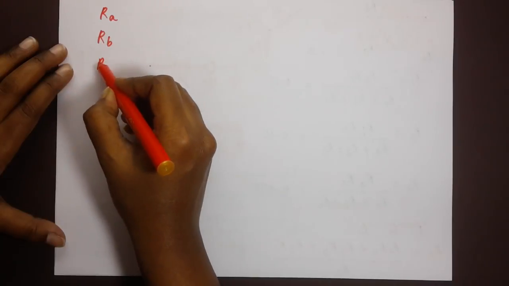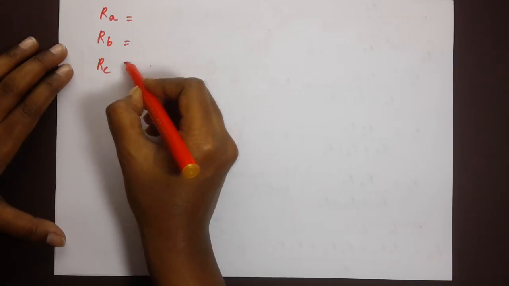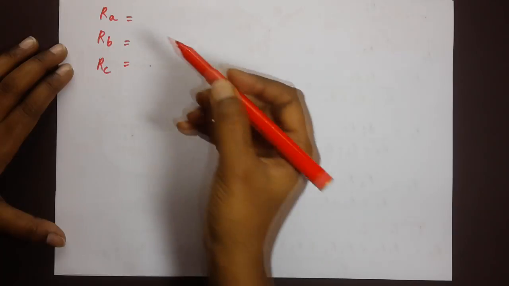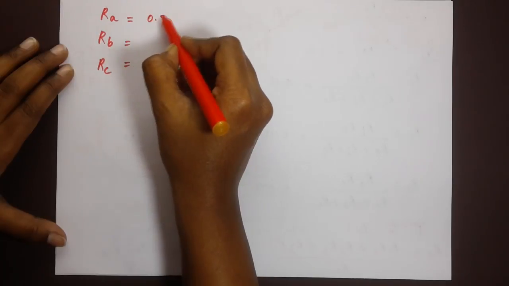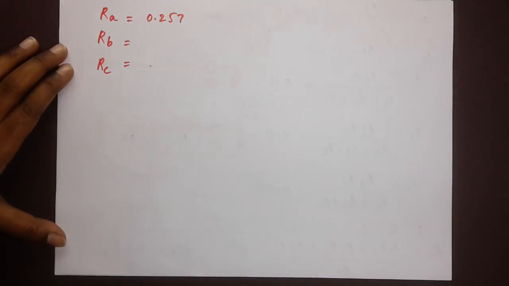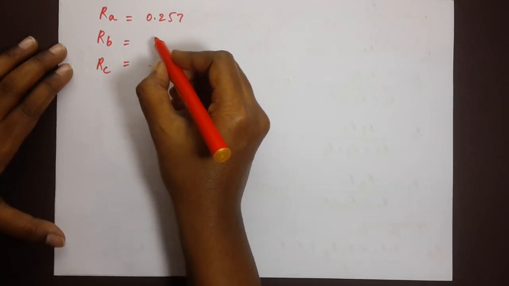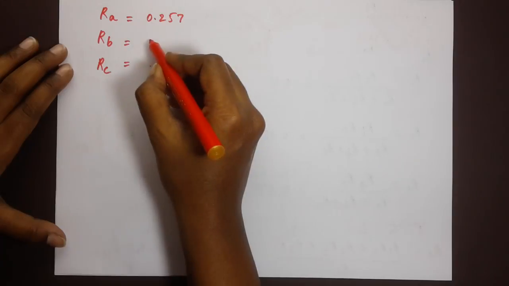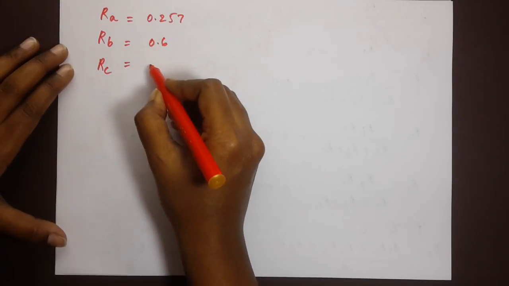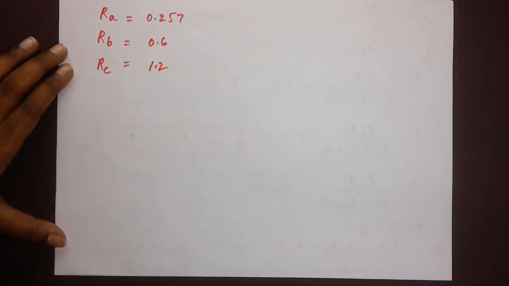RA is 0.257. I will leave the substitution and working out to you. I'm giving you the values so that you can check. RA is 0.257, RB is 0.6 and RC is 1.2.